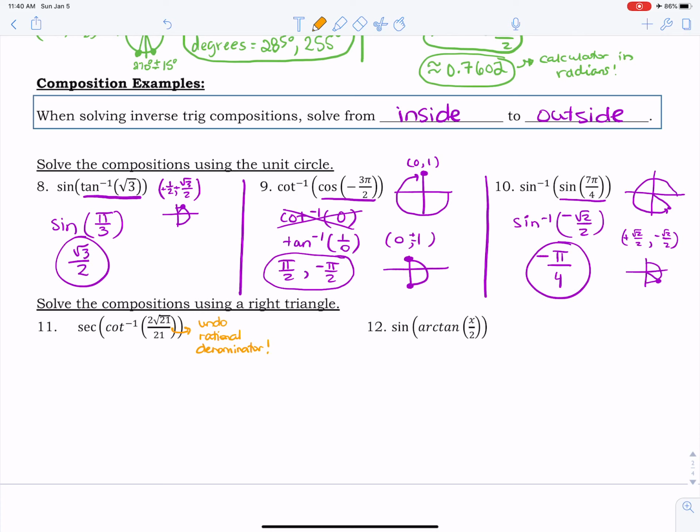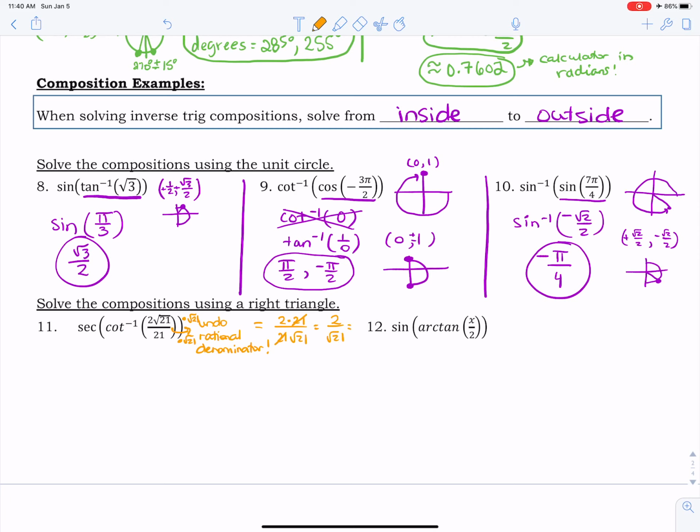The way you undo it is you multiply by square root of 21. That's how you got the answer to begin with. And that is going to be 2 times square root of 21 on top, all over 21 square root of 21. Those cancel, and so that's going to be 2 over square root of 21 all over again.